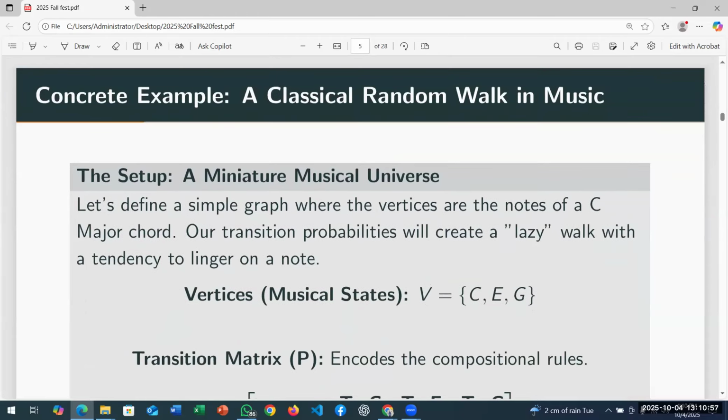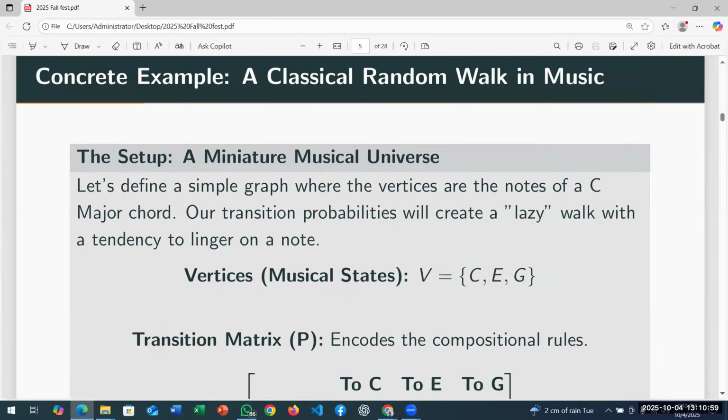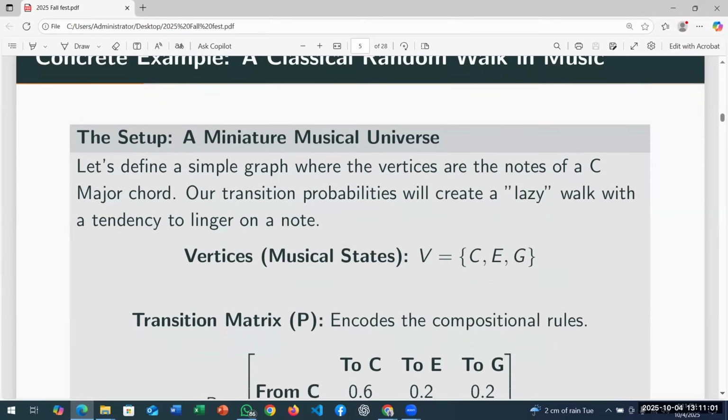Now, let me check a particular example of what I'm trying to tell us. We shouldn't forget that we are checking the classical random walk, because we can't just move into the quantum aspect without knowing the classical understanding of what random walk in music simply means.